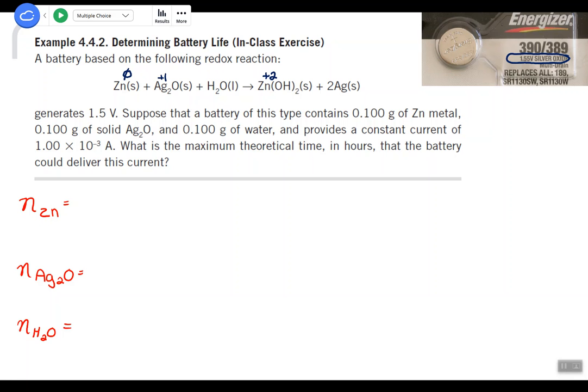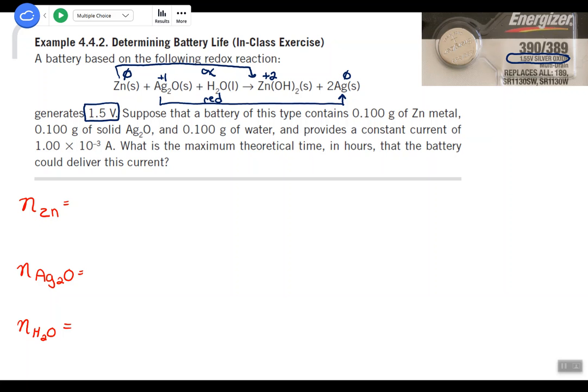Silver oxide, silver with an oxidation state of +1, going to 0. Silver is reduced. Zinc is oxidized. It's a redox reaction. It's spontaneous. It causes the flow of electrons, and we can do something useful with this battery.